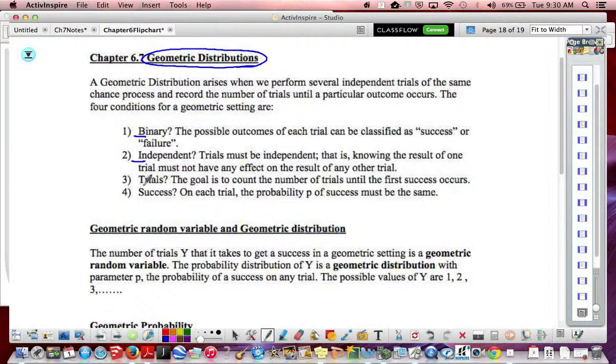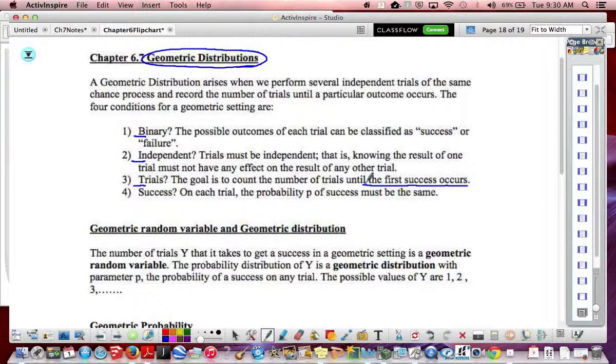Instead of the number of trials n being fixed, a geometric distribution is one where you count until you get the first success that you're looking for. So when I think of the difference between a binomial and a geometric, I can think about rolling a pair of dice and looking at whether or not you get doubles.